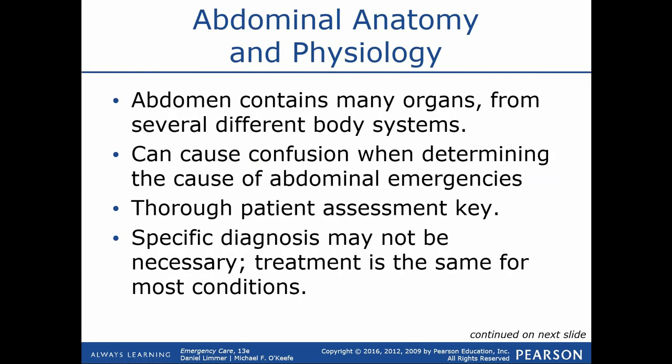So the anatomy of the abdomen, there's a whole lot going on, right? The abdomen technically includes everything below the diaphragm and above the pelvis. So within that, we have our digestive system. We have major components of our endocrine system. Our central nervous system is still included within that. So there's a lot of stuff going on there.